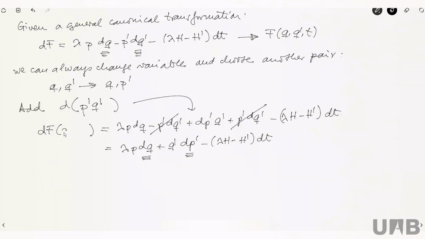So that would be a function f of q, p prime, and t. So we already changed variables in the new generating function. I should put here a hat because this f is not this f, but in order not to have the hat all the time, I'm going to call this one with a hat and this one without it. So I already changed variables.